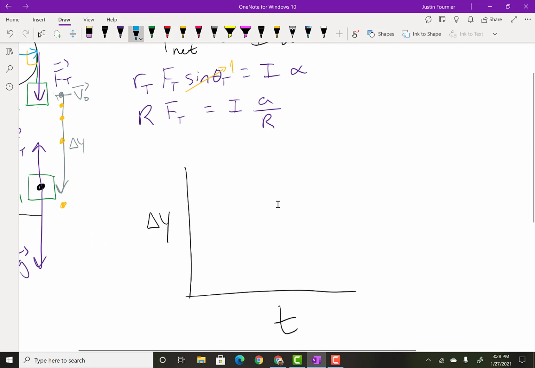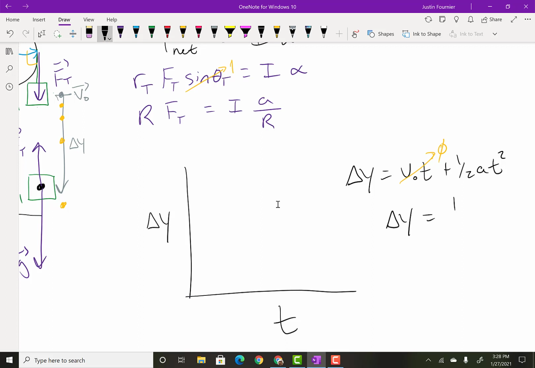But I could look at this and go, wait a minute, I'm modeling this off of this kinematic equation. Let's just say delta y equals V naught t plus 1/2 a t squared. And my initial velocity is 0. So delta y equals 1/2 a times t squared.